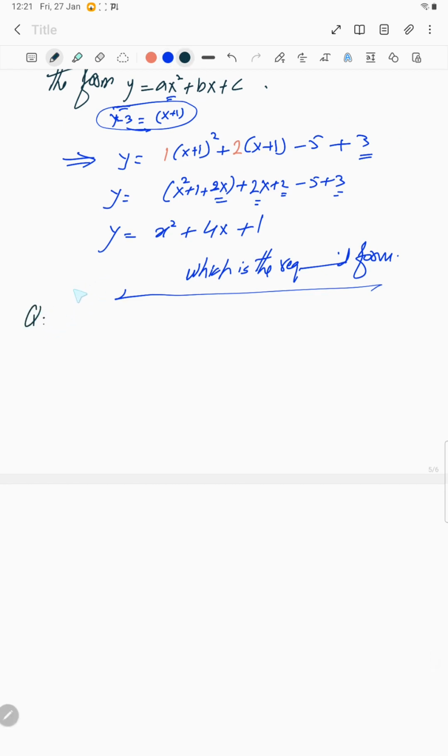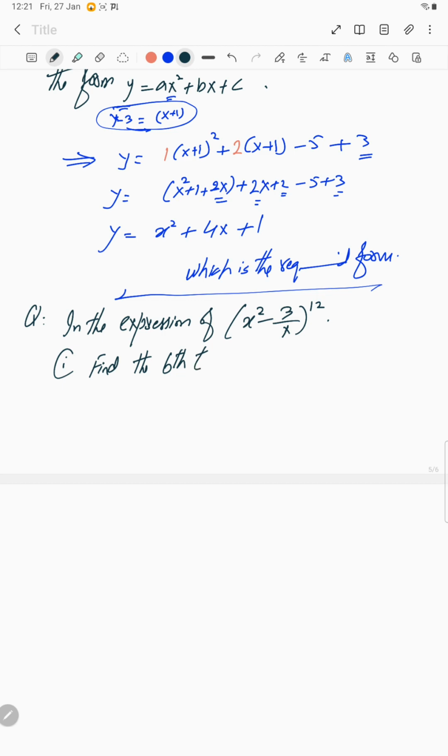Question number 5 says, in the expansion of (x squared minus 3 by x) whole to the power 12, number 1, find the sixth term, and number 2, find the coefficient of 1 over x cubed.